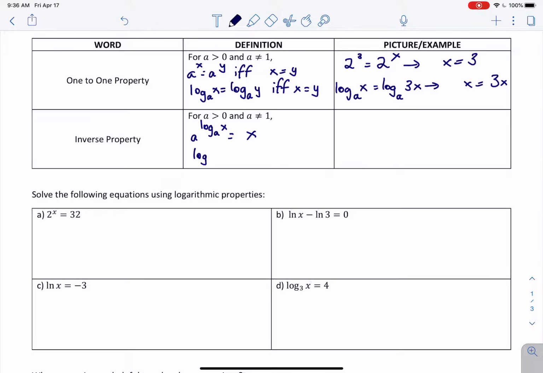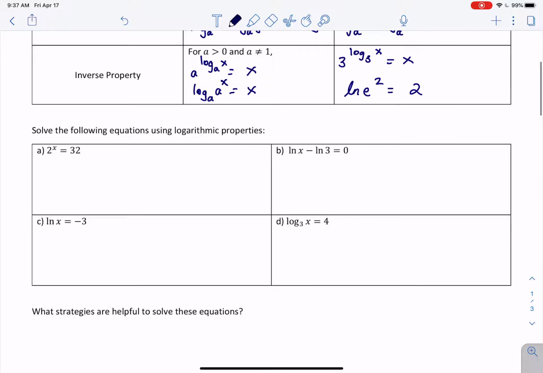And if you take log base a of something exponential with the same base, again, they undo each other, and so you just get x again. For example, if you have 3 raised to log base 3 of x, since those bases match, you just get x. If you have natural log of e raised to 2, that's the same as 2.